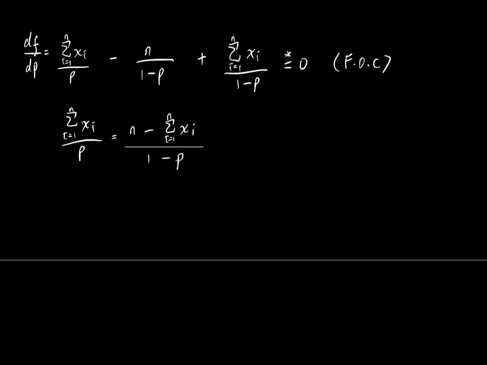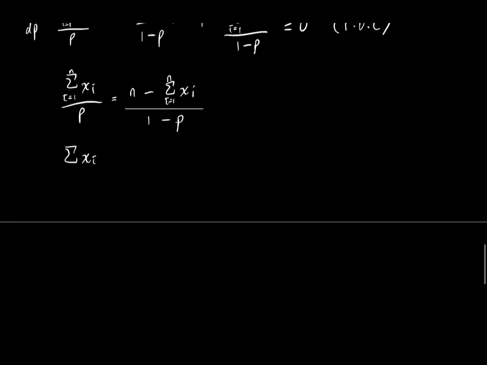And then let us cross multiply. For simplicity, I'm not going to write i equals 1 to n anymore, so that we can save time. Okay, and then we're just cross multiplying, right? Now, expand both sides.